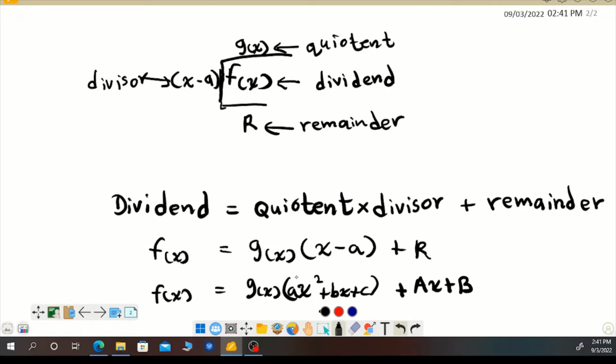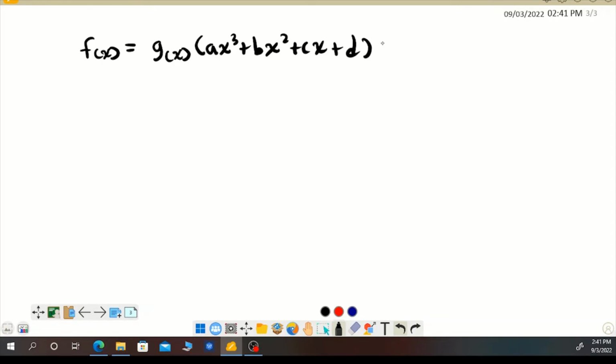If the divisor is a cubic function, then we can express the same process. f(x) equals g(x) times a cubic function of the form ax cubed plus bx squared plus cx plus d.